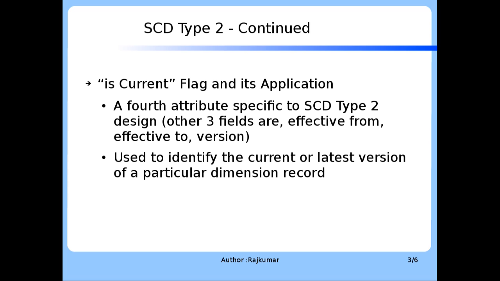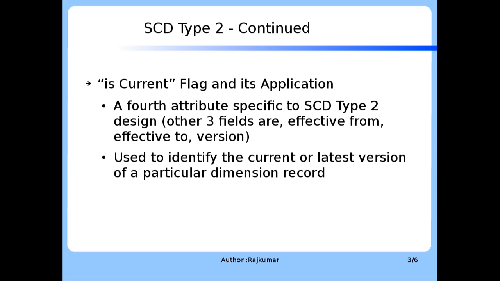Without this field, the dimension table of an SCD Type 2 design will have all the historical records. If the report requires only the current dimension version of the record, then it is difficult to identify that particular record.